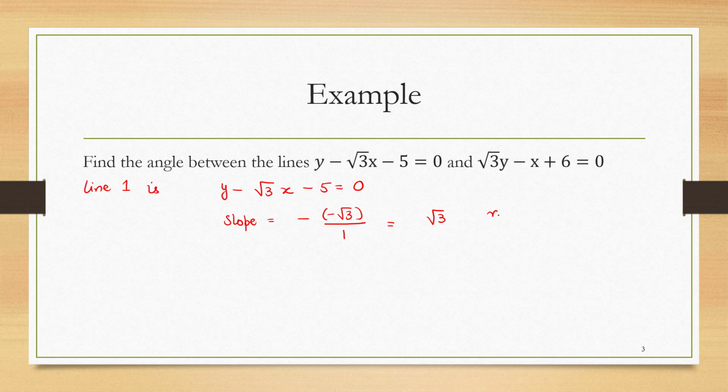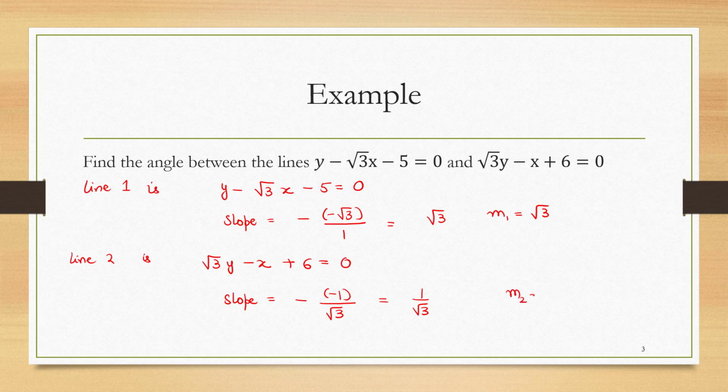So m1 is square root 3. Now line 2 is square root 3 y minus x plus 6 equal to 0. The slope of this line is minus coefficient of x upon coefficient of y, that is 1 by square root 3. So m2 is 1 by square root 3.